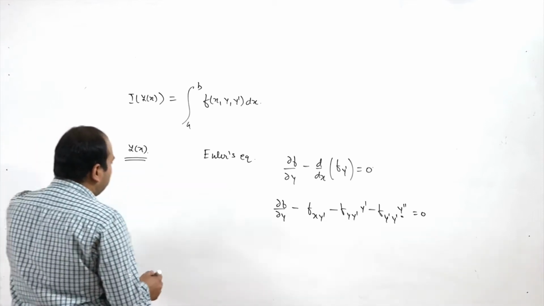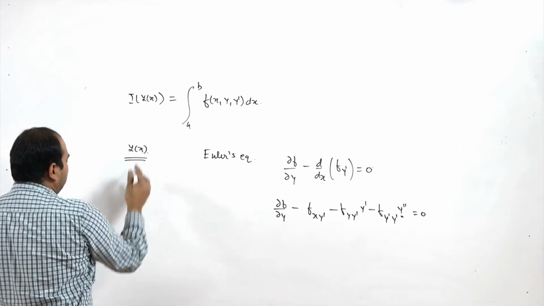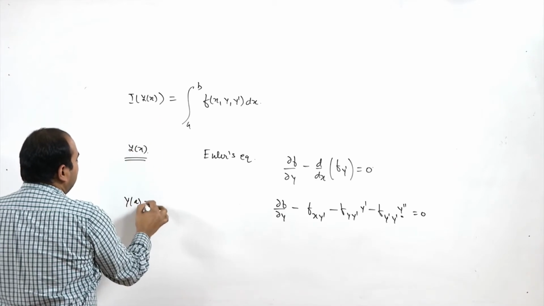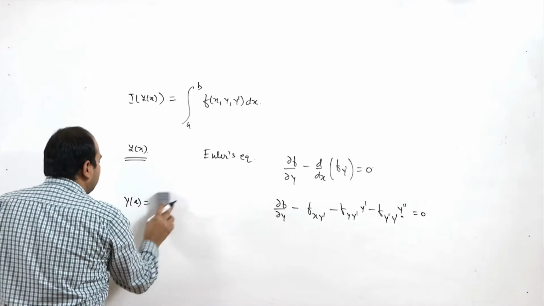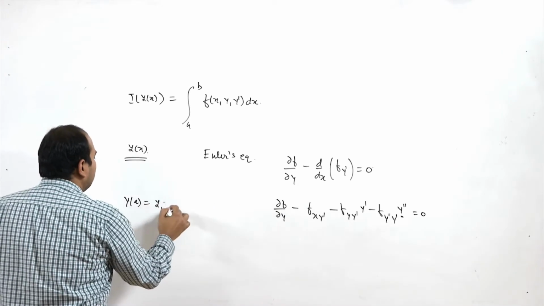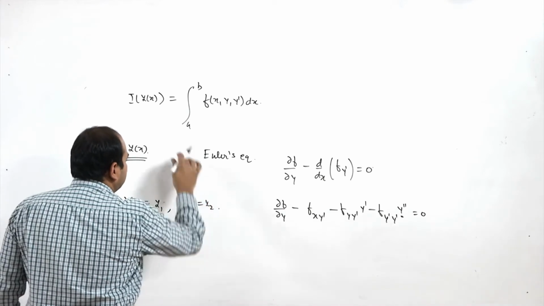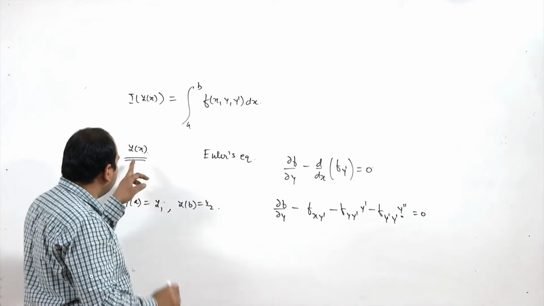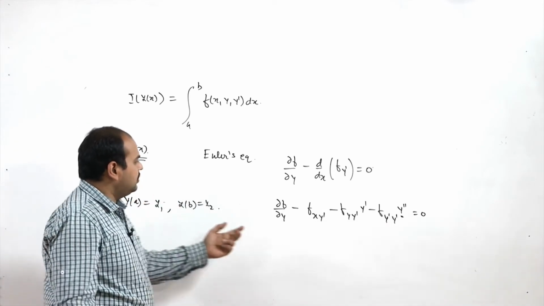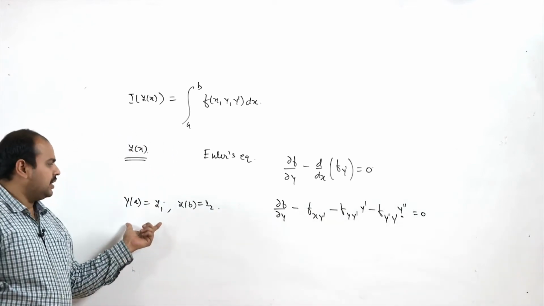Please note that this y of x is an extremal solution provided that y of a equals y1 and y of b equals y2, which we have assumed, so this is already given. So to find the extremal, we need to find the solution of the second order differential equation satisfying the boundary conditions.